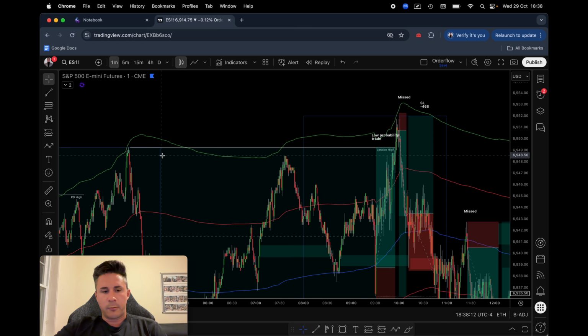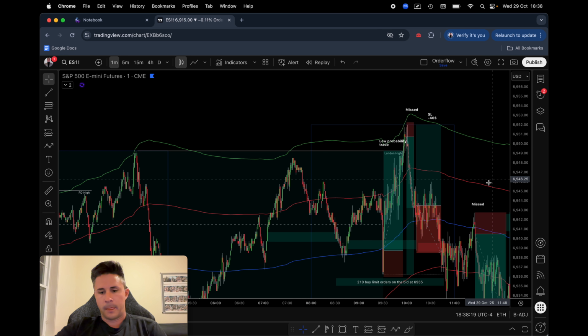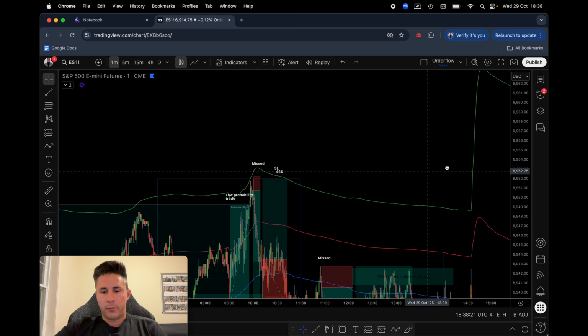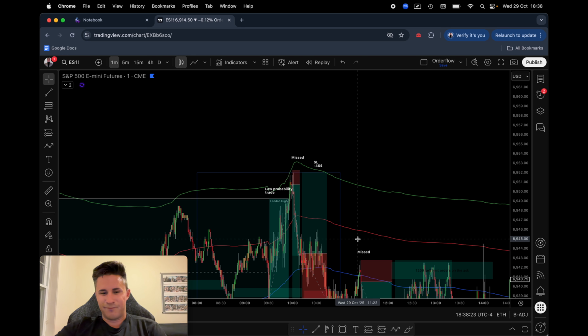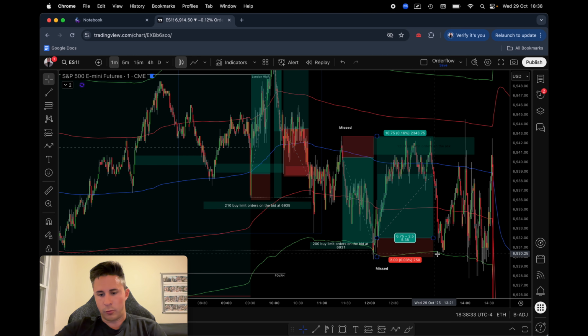So basically, I like to mark levels: London high, swing high, and then VWAP. So when it comes to VWAP deviations, let's say price is falling like crazy, and you got your outmost deviation here, the green one.